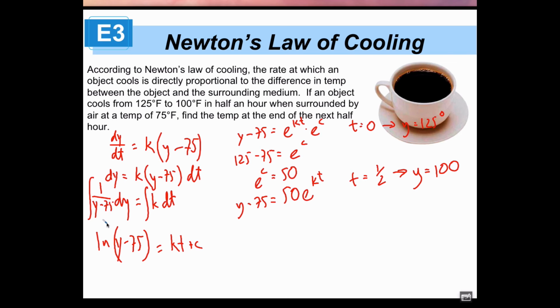Okay, so that means this becomes 100 minus 75 equals 50 e to the 0.5k. All right, solve for k. Don't forget to store.